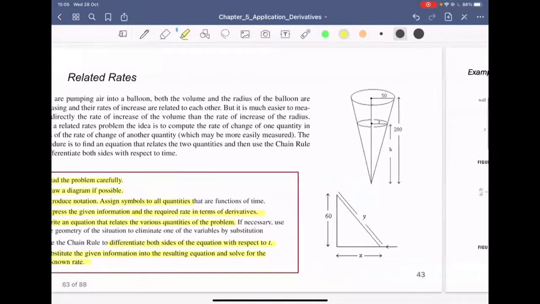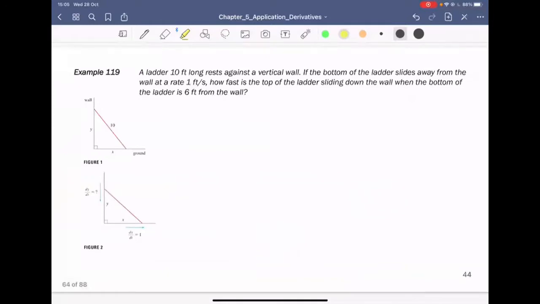All right, let's start looking at example 119. All of the questions in this section are going to come as word problems. So what you need to do is read first and try to translate everything into mathematical terms. Example 119: a ladder 10 feet long rests against a vertical wall.